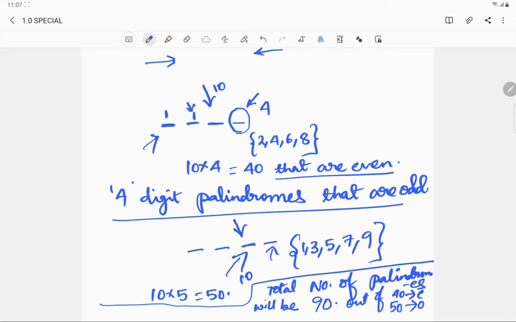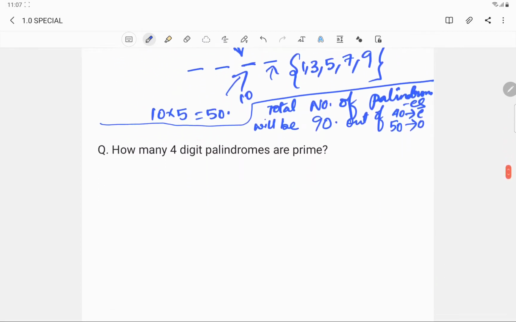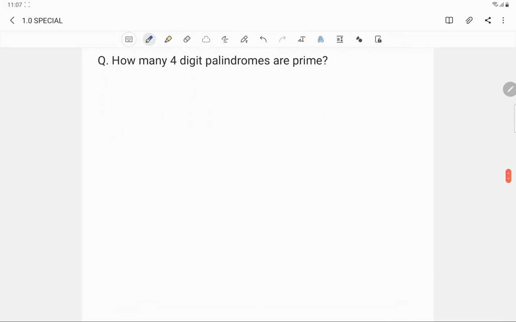Now let us look at another question. Slowly we will increase the complexity. So let us look at another question based on palindromes. The question states: how many 4-digit palindromes are prime?